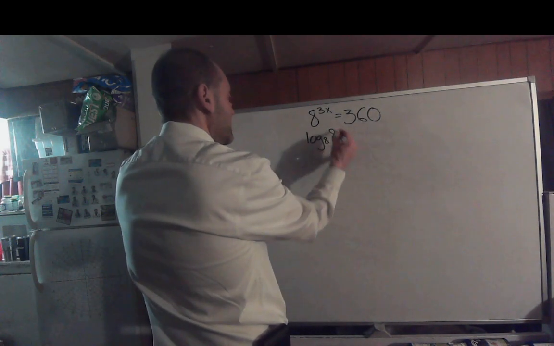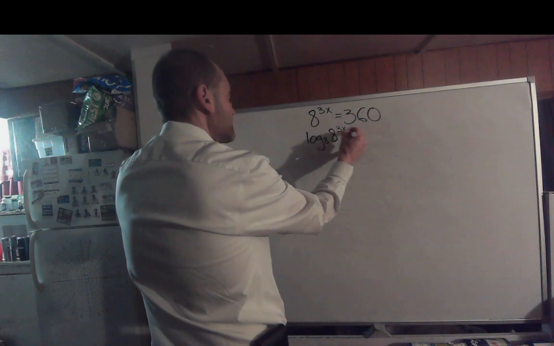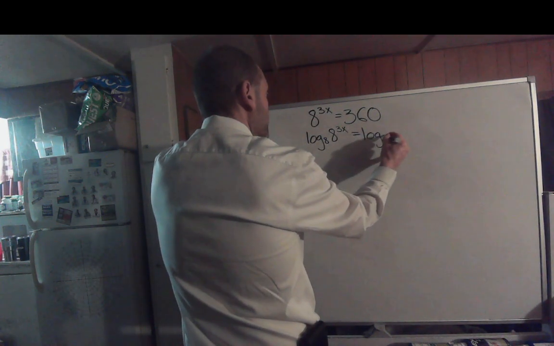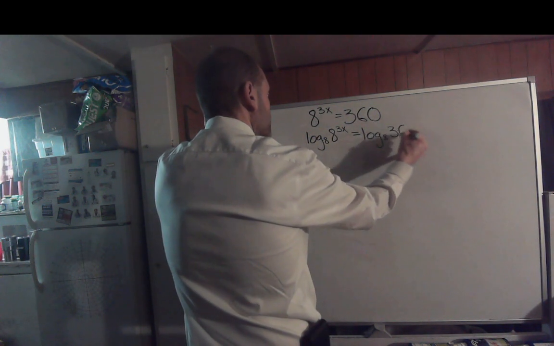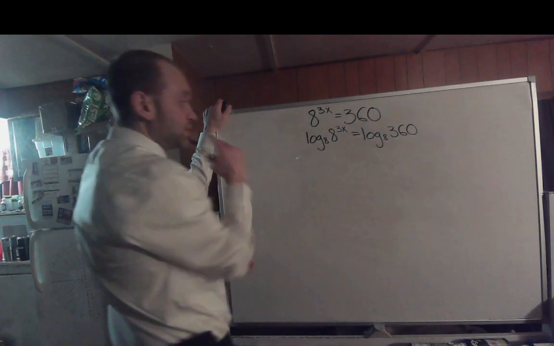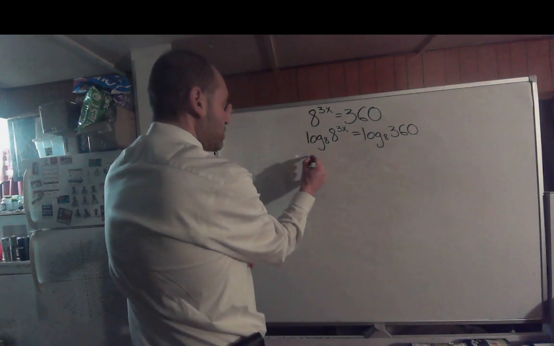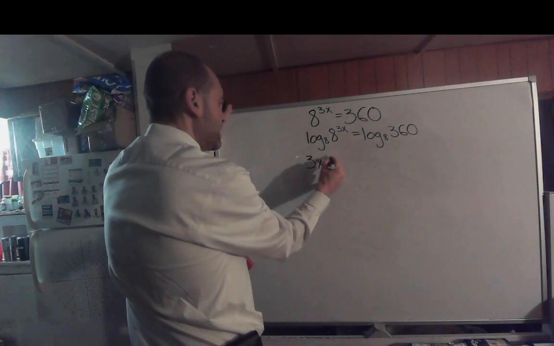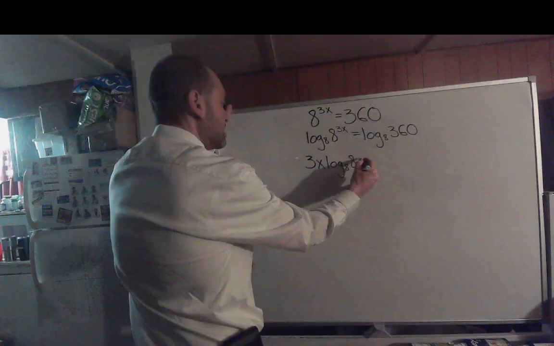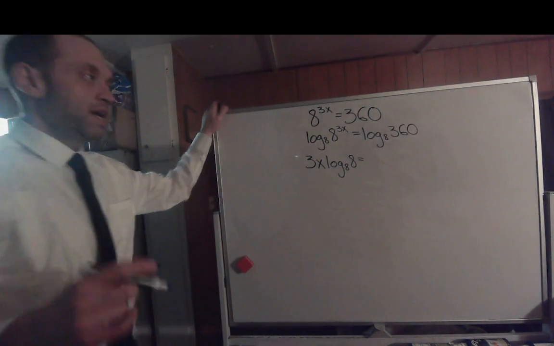So log base 8 of 8 to the 3x would equal log base 8 of 360. Well, the left side, your exponent will come down front, so you would get 3x times log base 8 of 8. That's going to equal your right-hand side.